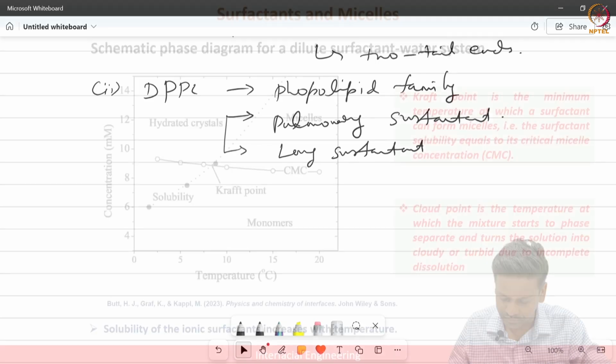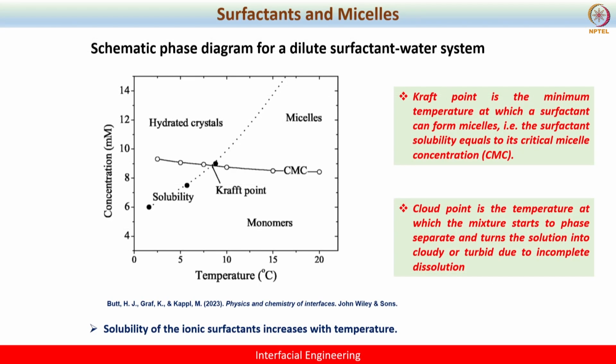So let's look at the phase diagram of a dilute surfactant-water system. You can see in this phase diagram there are three different states: the monomer state, the micelle state, and the hydrated crystal state. Apart from this, you would also need to know the Kraft point and cloud point, which we will cover now.